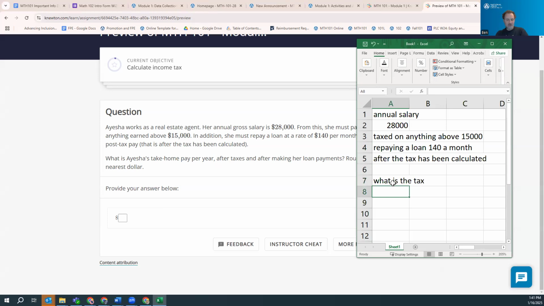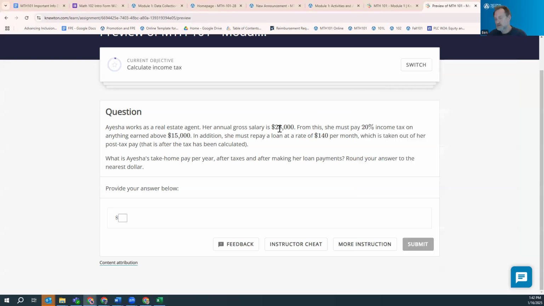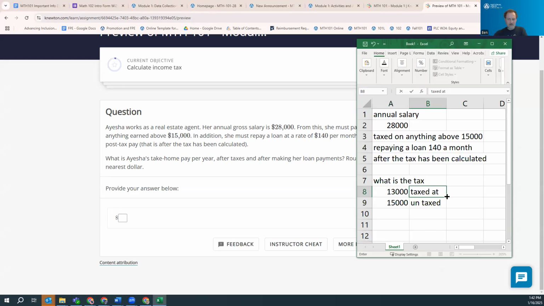So 28,000 minus 15,000. So I have 15,000, which is untaxed, and I have 13,000, which is taxed at, I've got to go back and see that. Yeah, 20%.